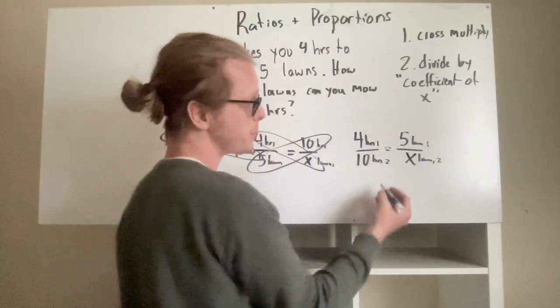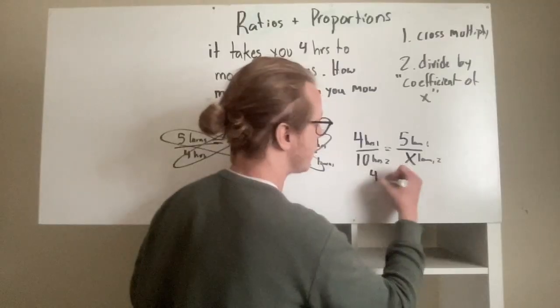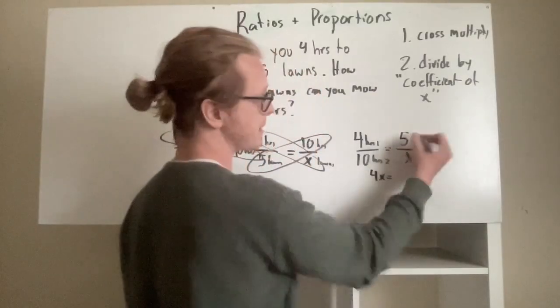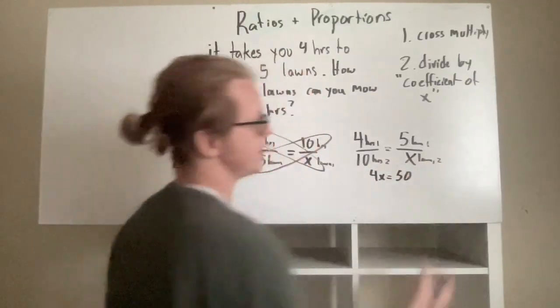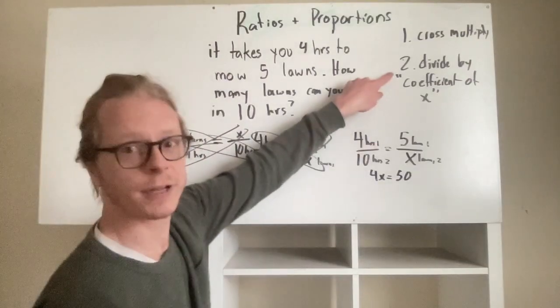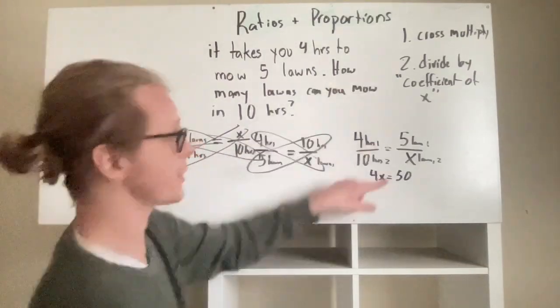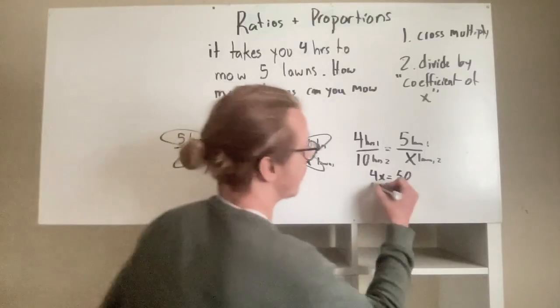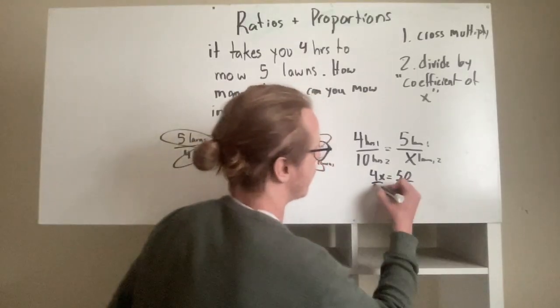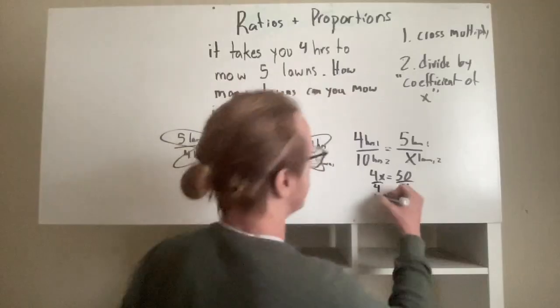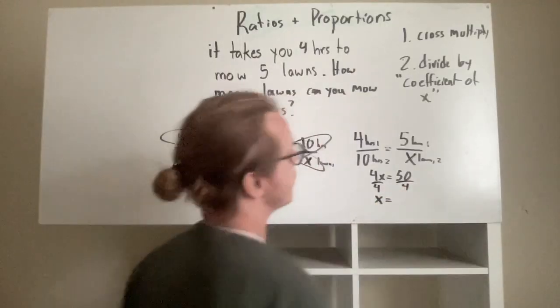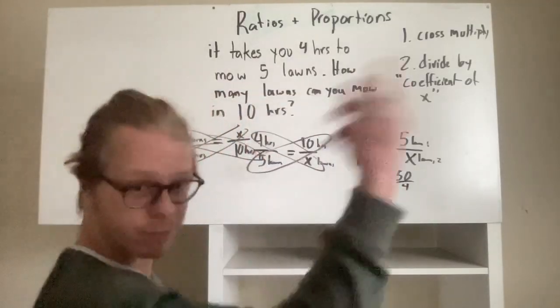So let's do the cross multiplication. 4 times X, 4X, gives me 5 times 10, which is 50. Step 2, divide by the coefficient of X. So we're going to divide both sides by 4. Again, we could use a calculator, but we could even think about it in our head.